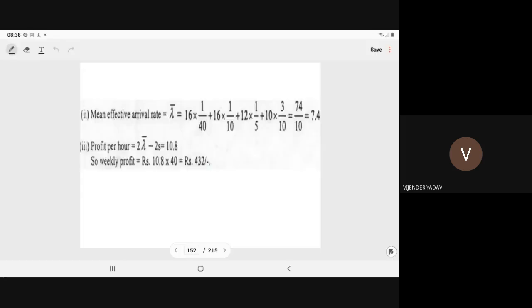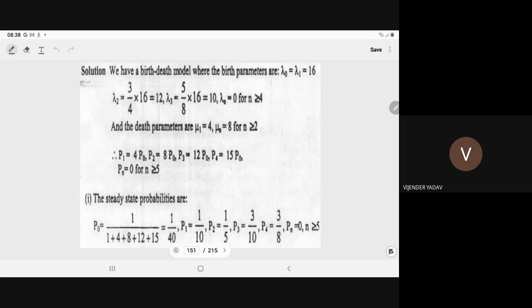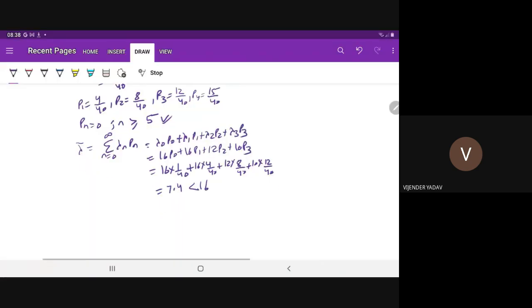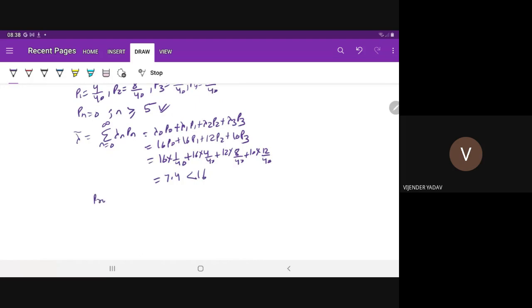Then after, find the average weekly profit of the shop. Average weekly profit. So here first we compute the profit per hour. What is the profit per hour?